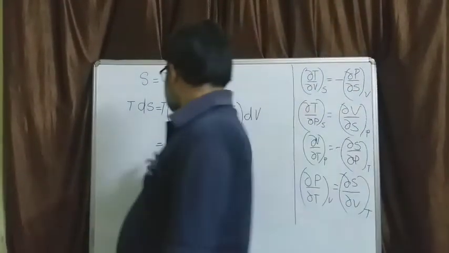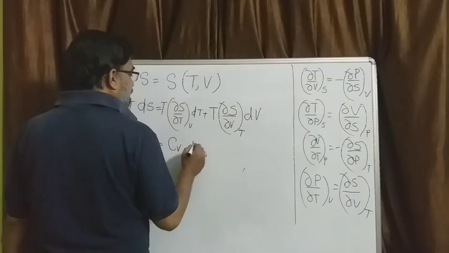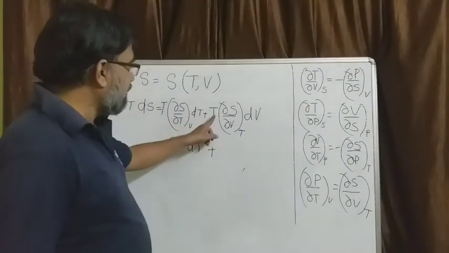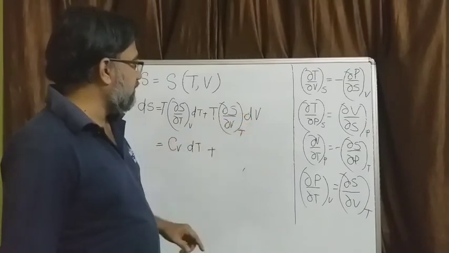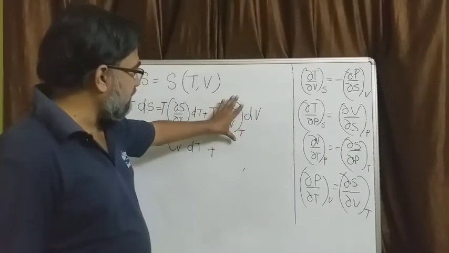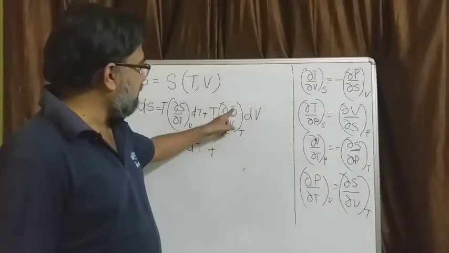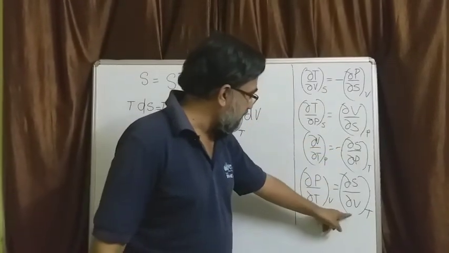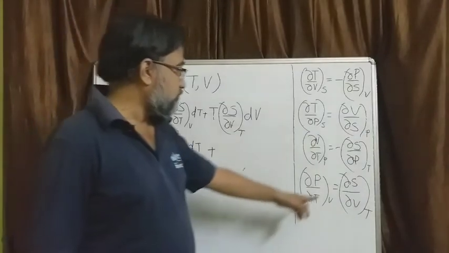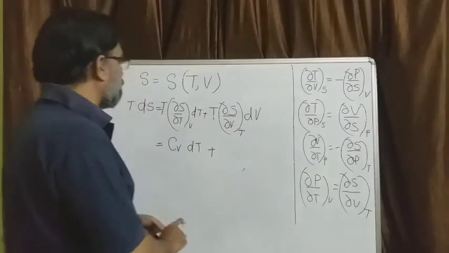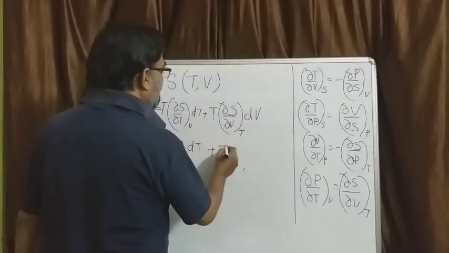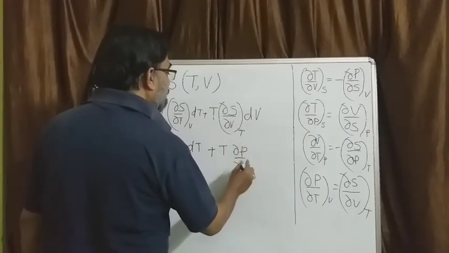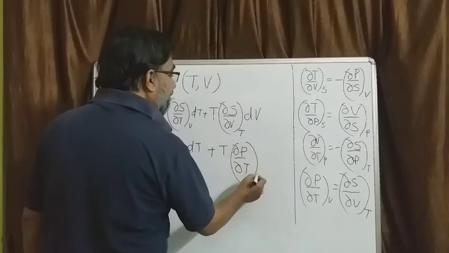Okay. Now Cv dt plus, look at this, T ds dv T dv. Find this expression here. ds dv T. So what is this? ds dv T is equal to dp dt v.